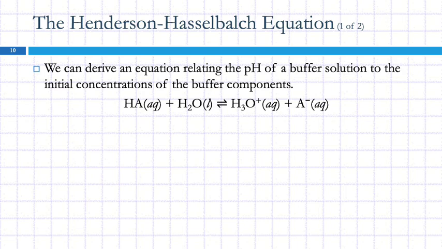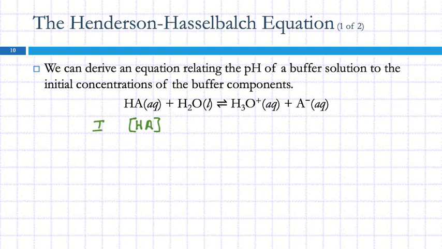Okay, so we can derive an equation that relates the pH of a buffer to the initial concentrations of the buffer components. Because in that example, we ended up being able to use the X is small approximation, and that just involved using Ka and the initial concentrations. Well, let's see if I can remember how to do this. I'm making an ICE table here.